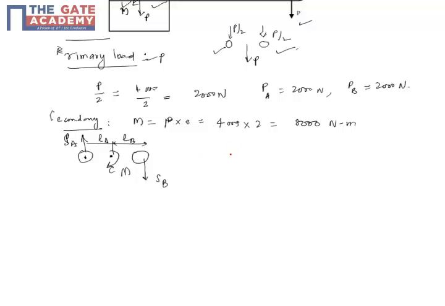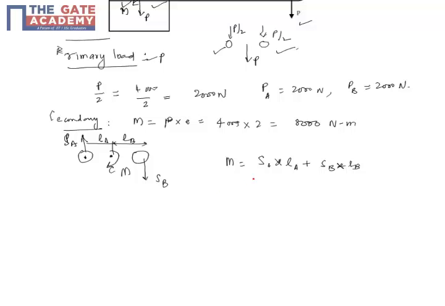So how do you get this SA? This is how you solve for the secondary load. The moment will be SA into LA plus SB into LB. The effect of the moment will be the sum of the moments of A and B about the center.